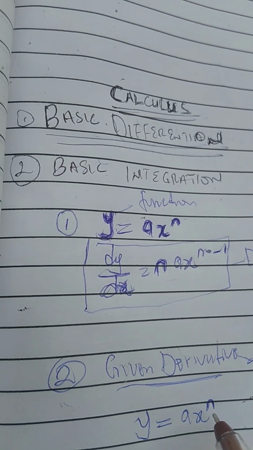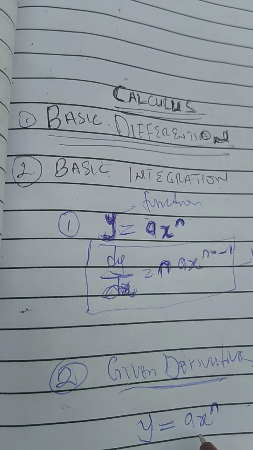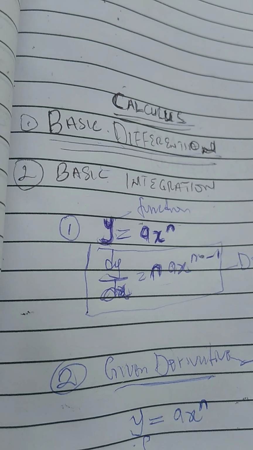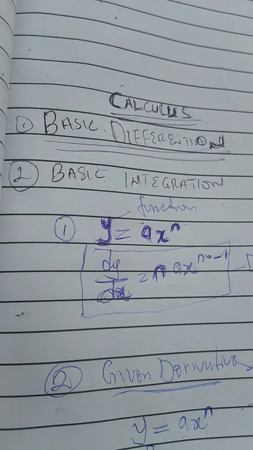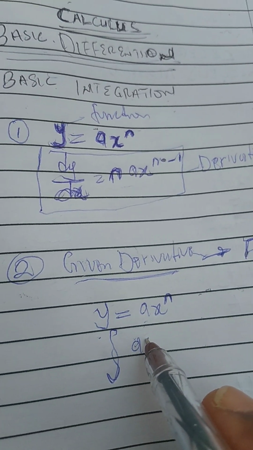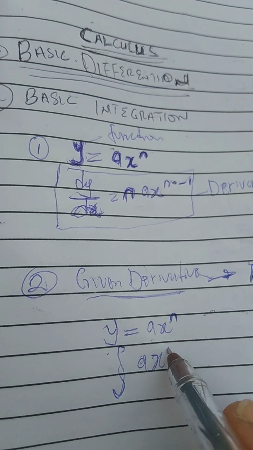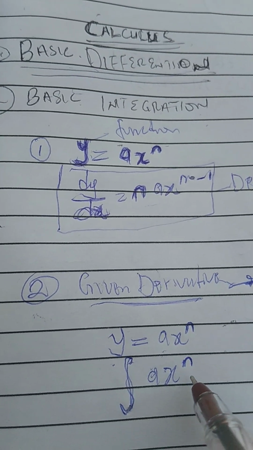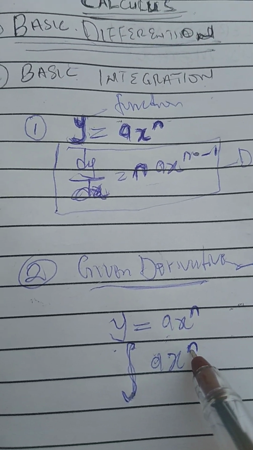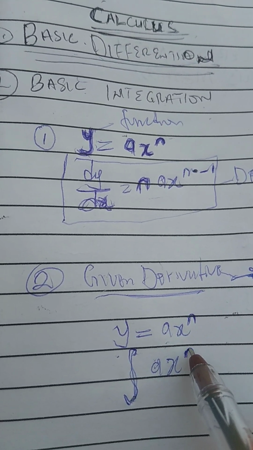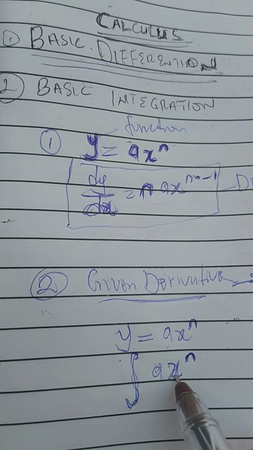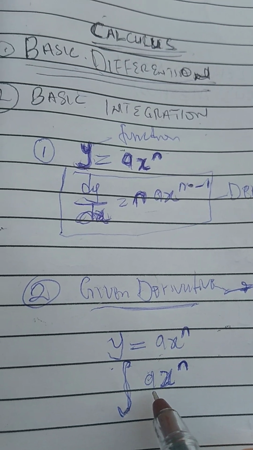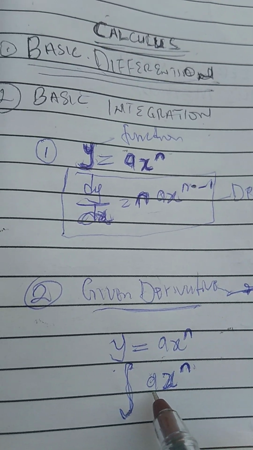So in integration, we say integral of ax raised to power n. While integrating, what we are going to do is to add 1 to the power and divide our result by whatever we have here.